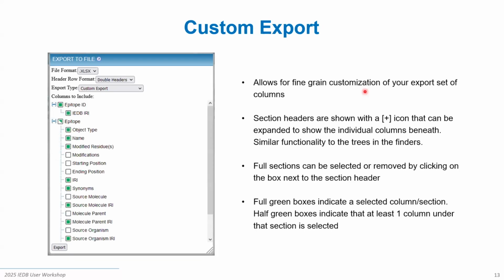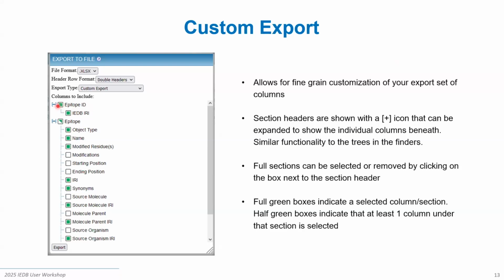So here is an example of the custom export functionality. It allows the user to fine-tune their customization of the export, setting explicitly the columns that they want. You can expand this tree structure here, which is similar to what we use in other places on the site, to show the fields below the sections that you would want to select.